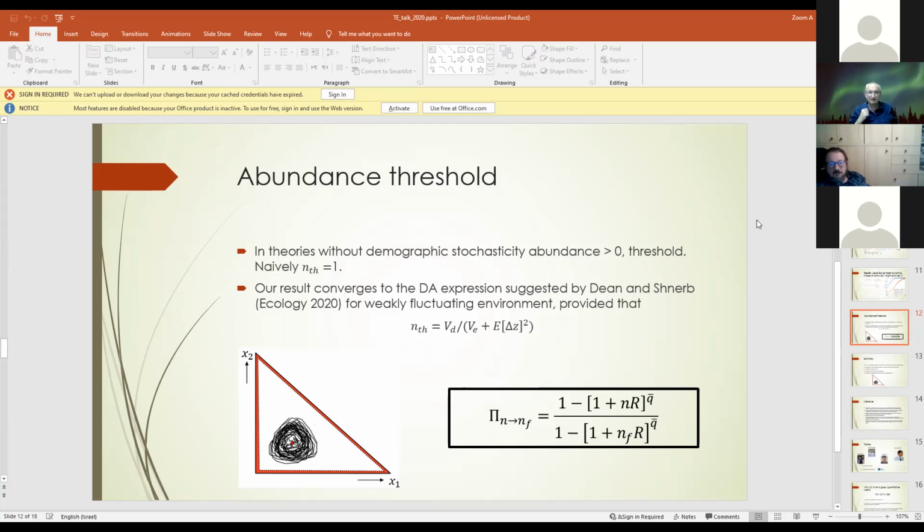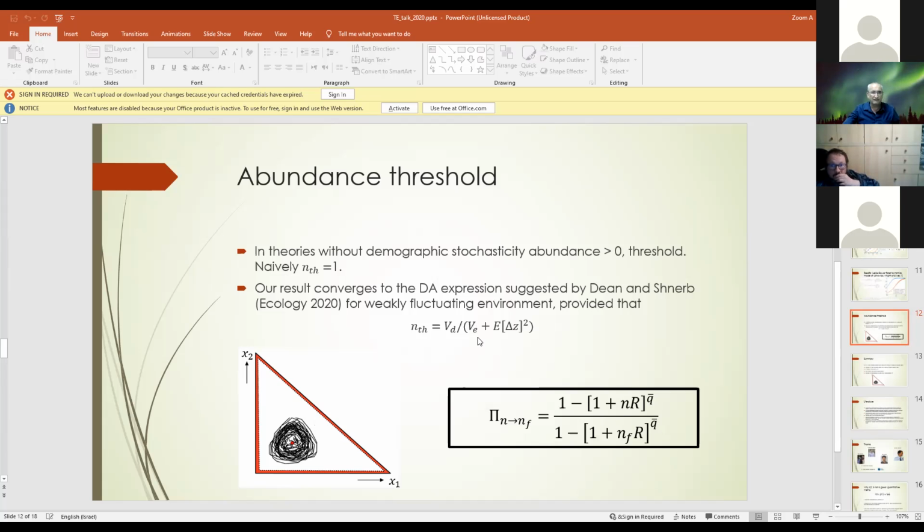Are these not quite the same? Okay. What's the difference? So, thank you. In the case where environmental stochasticity is 0, if VE is taken to be 0, our formula converges to the known expressions in population genetics that were discovered many years ago by Kimura using the diffusion approximation, or by Haldane using the branching process theory.